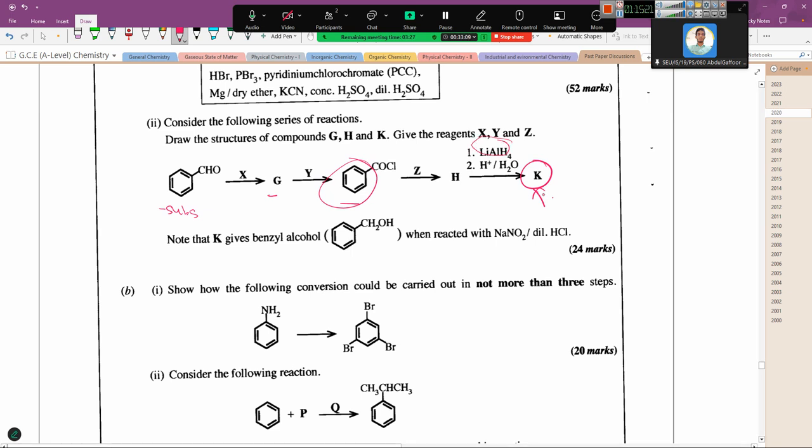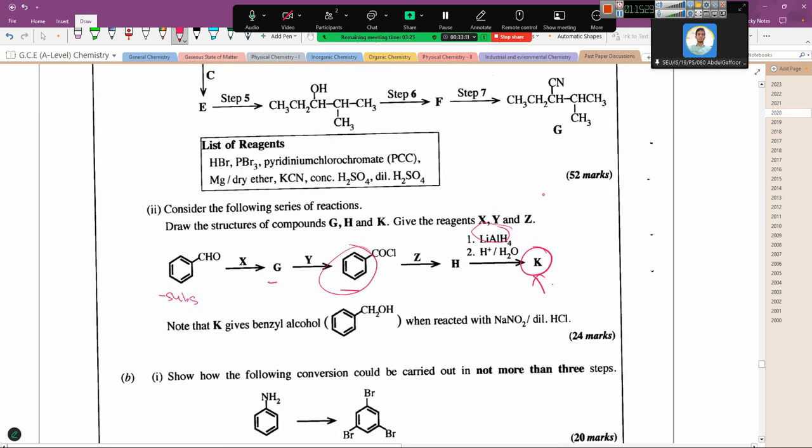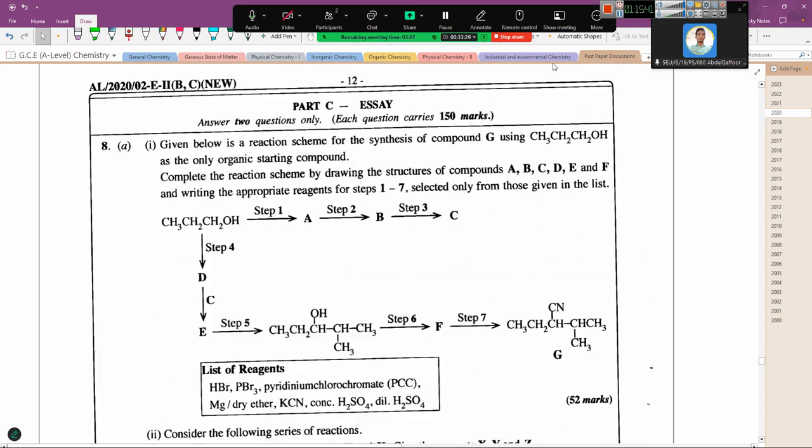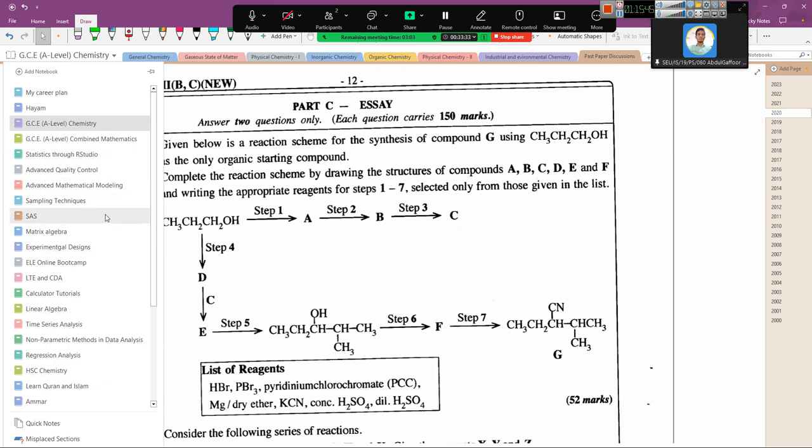And did you study pyridinium chlorochromate, PCC? These chemical reagents, this is what we are going to study: the roles of each chemical reagent used in organic chemical reactions, right? We are going to study each and every thing, and then we can come to these things. With this idea, we'll now move ahead with this.